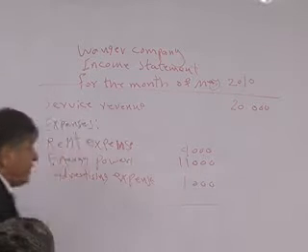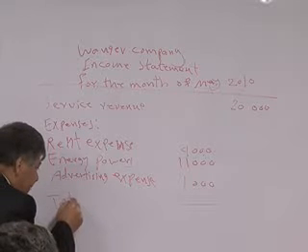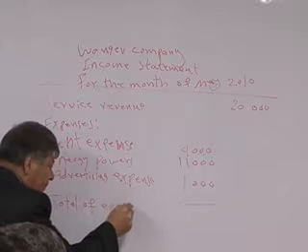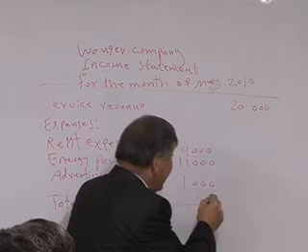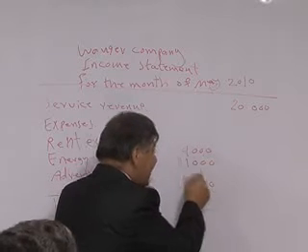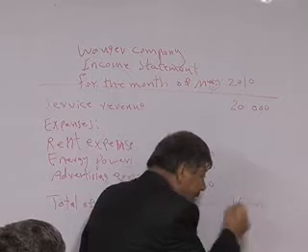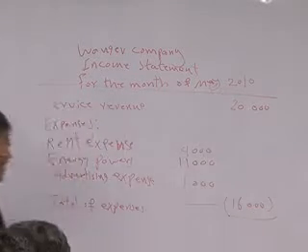Now, the total of the expenses. How much? 16, between two brackets. What is the result? Net income or net loss?